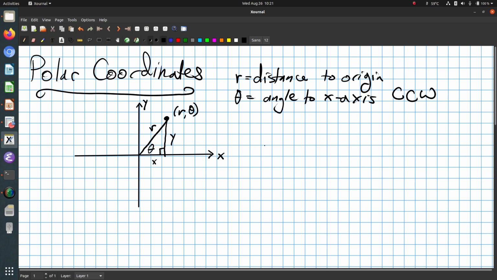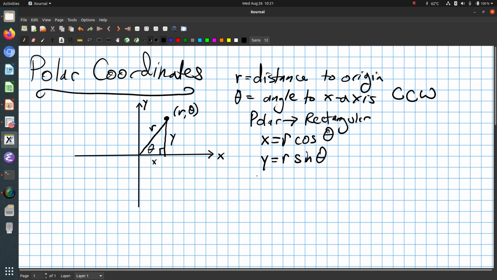Using the usual trig formulas, you'll find that x is r times cosine of theta, and y is equal to r times sine of theta. So this will take you from polar to rectangular.